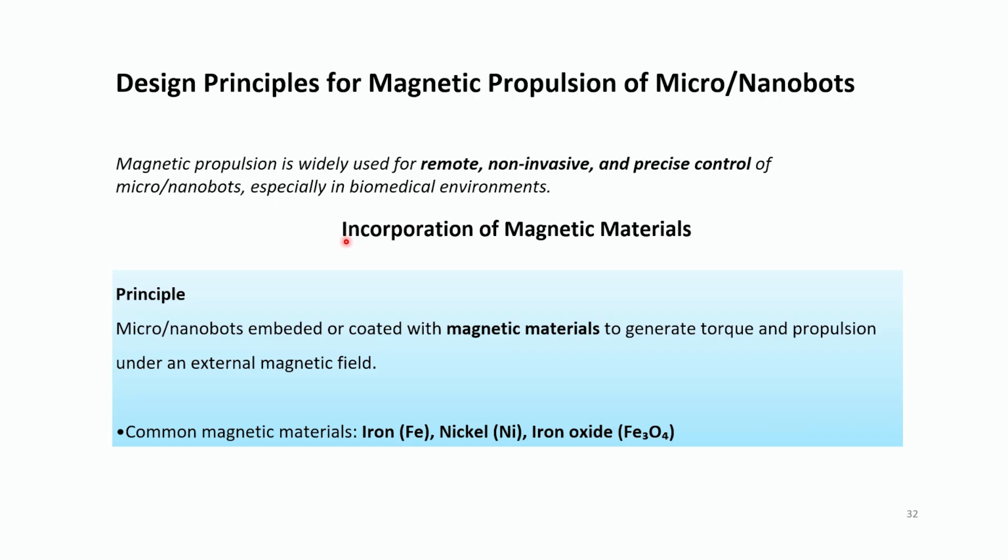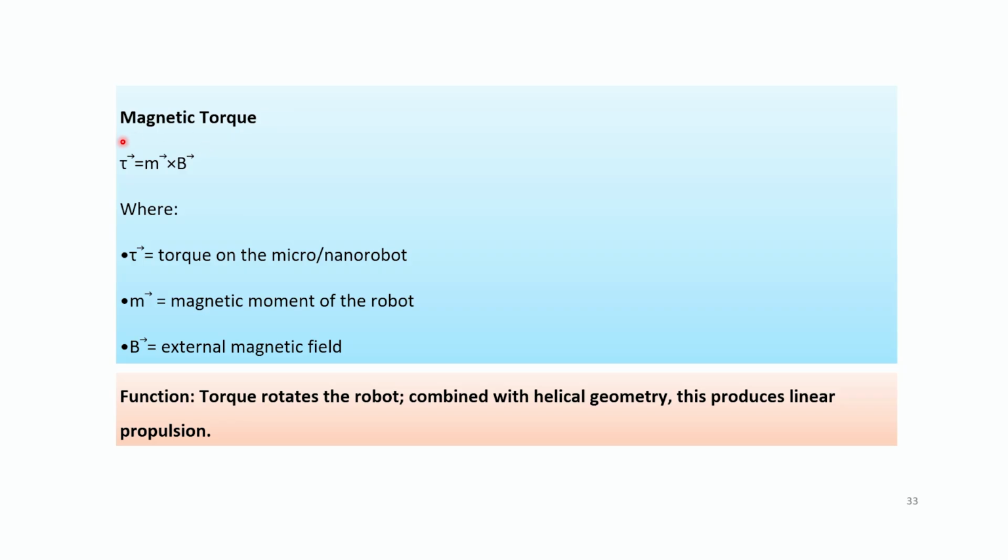Let's start with incorporation of magnetic materials. The principle is that micro nanobots are embedded or coated with magnetic materials to generate torque and propulsion under an external magnetic field. Common magnetic materials are iron, nickel and iron oxide. Then that's the formula for magnetic torque, tau = m × B, where tau is the torque on the micro nanobot, m is the magnetic moment of the robot, and B is the external magnetic field that you are providing.